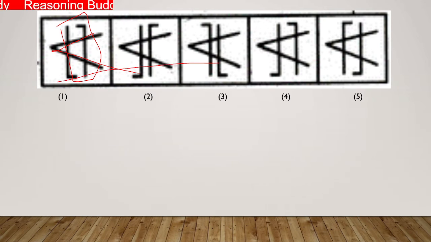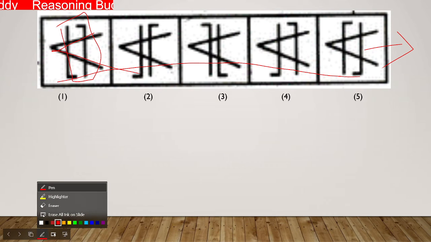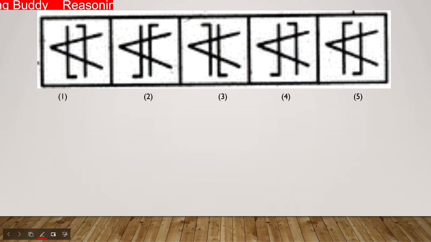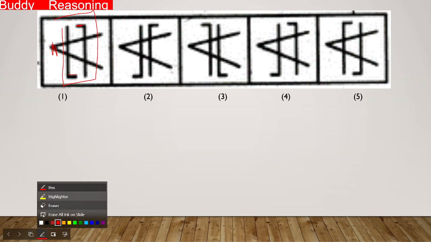In all figures, the open face of the V shape is facing towards the right direction, so it is not the odd one. Except this V shape, what is there? Two line segments, which are L-shaped. So in these we can find the answer.